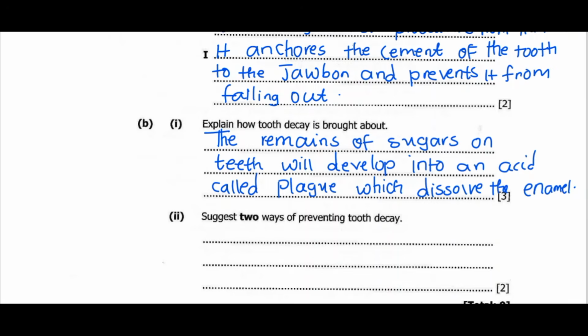Then it suggests 2 ways of preventing tooth decay. By brushing regularly. So say by brushing at least twice a day.